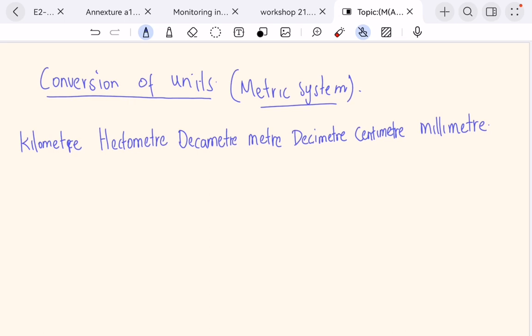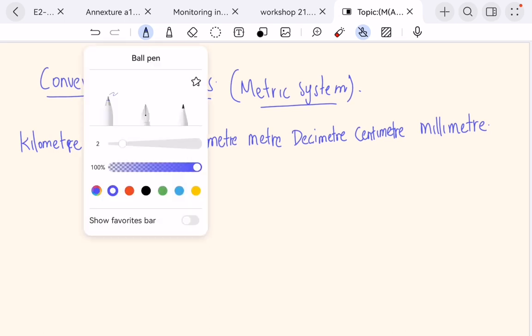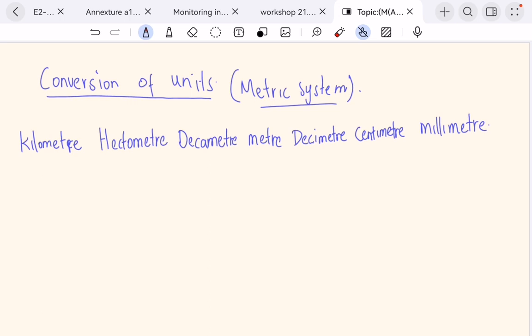All of them have symbols that we use to represent them. For example, for the kilometer, we use km. The hectometer, we use hm.